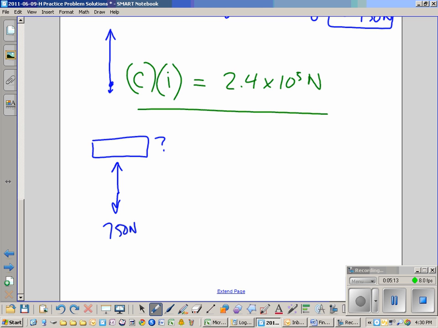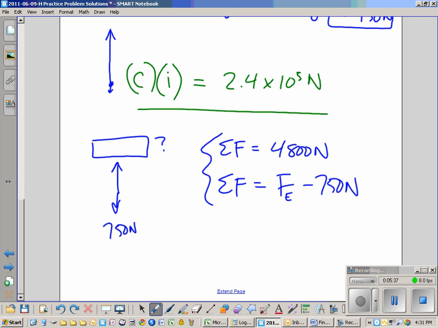We know that the net force is equal to 4,800 newtons. We know also that the net force is equal to the force exerted by the ground, I'm going to say E for the Earth because F sub G is usually reserved for gravity, minus the force of gravity, minus 750 newtons.